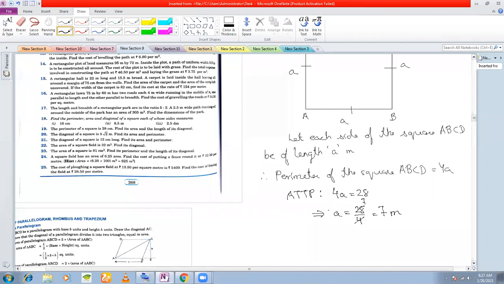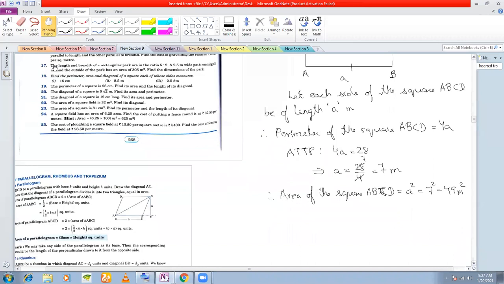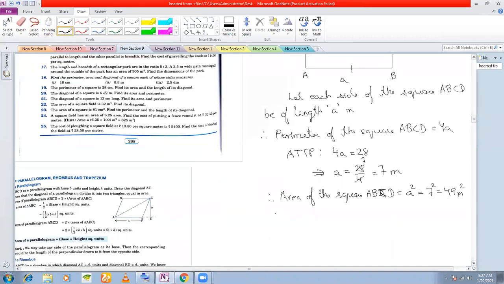So the question is to find its area and the diagonal. So let's find out the area. Therefore, area of the square ABCD is equal to a square, and the value of a is 7, which is 49 meters square. And length of the diagonal, you know that the length of the diagonal of a square is a root 2.